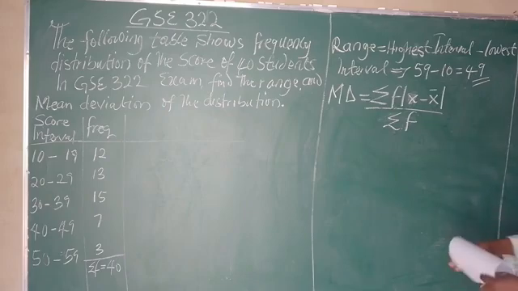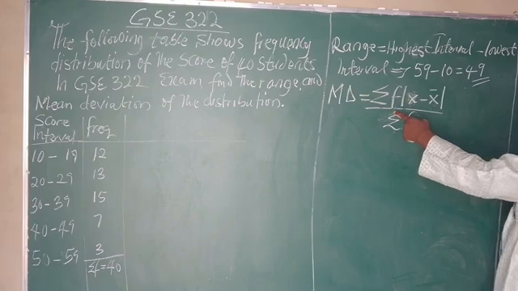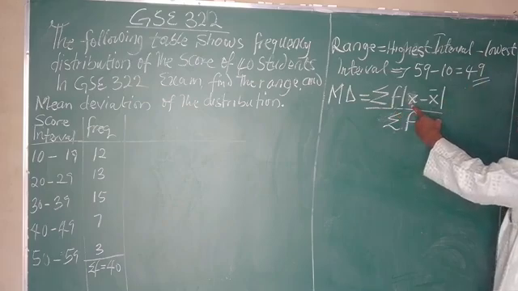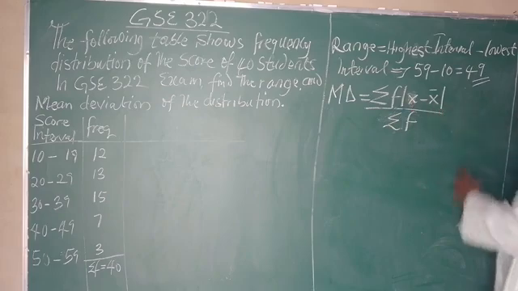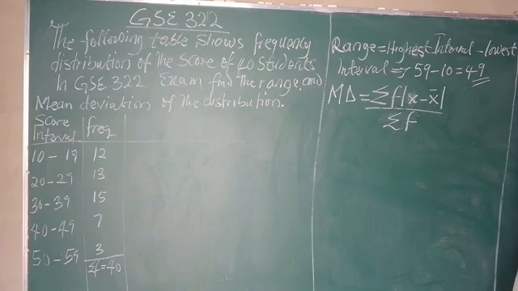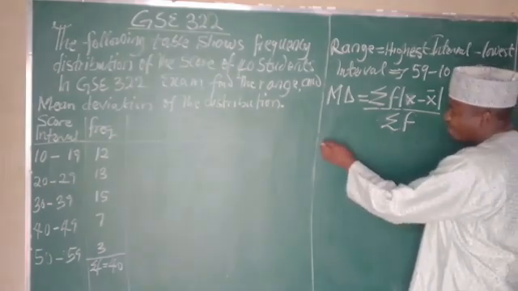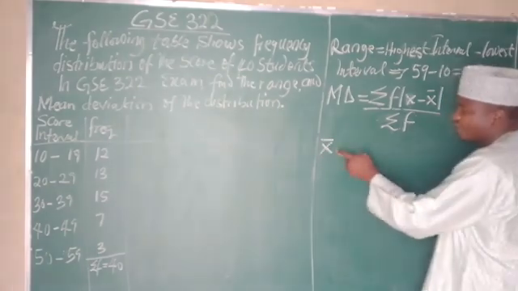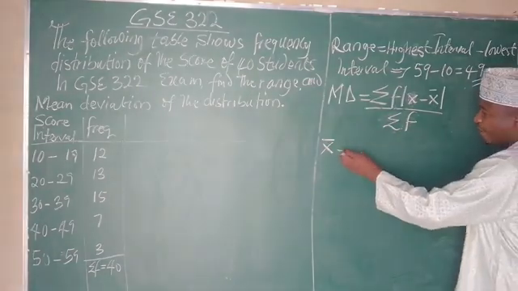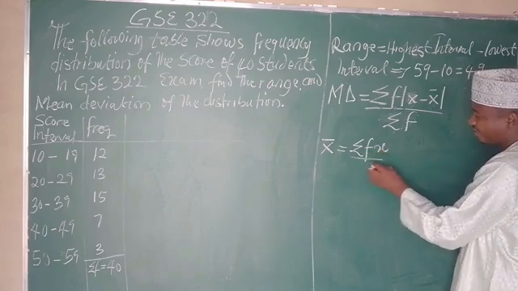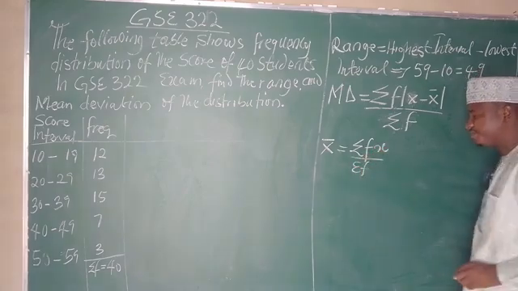So now, on the table, we have frequency, but we don't have the column for x, and we don't have the mean. So now, we should find the mean. The formula for finding the mean of grouped data is x bar, which stands for the mean, equal to summation of fx over summation of f.